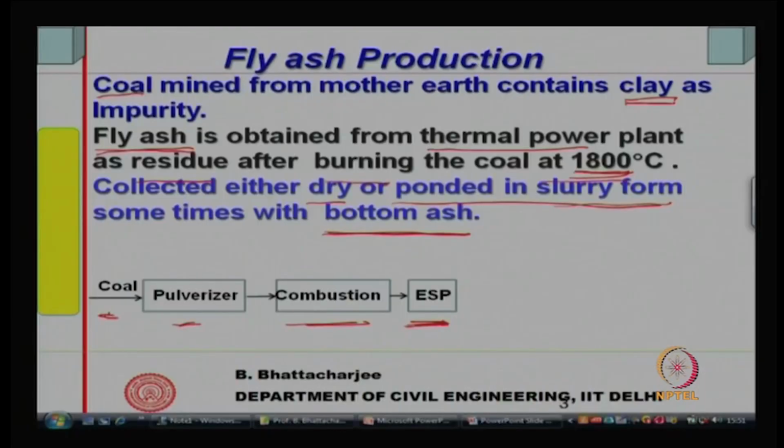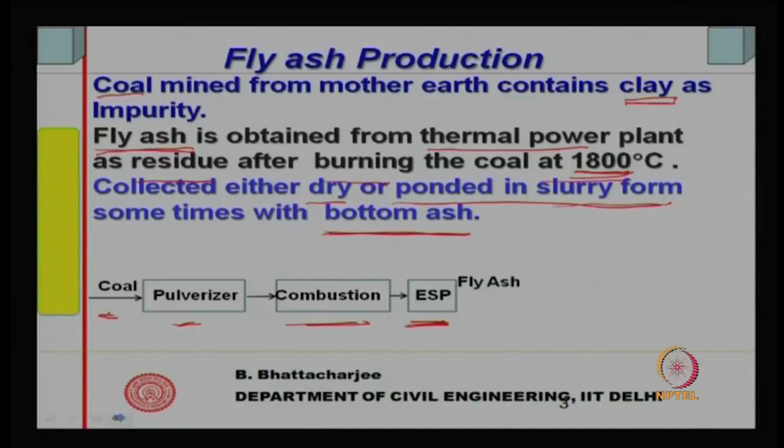So, when these charged particles come across those electrostatic precipitators, which have electrically charged plates, they are precipitated and then collected. So, they are collected in electrostatic precipitators, followed by fly ash production.